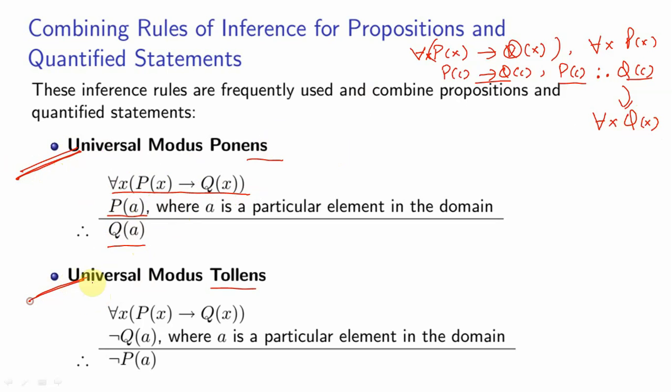Similarly, I can define universal modus tollens, which says if px implies qx is true for all values of x, and if q is false for a particular value a, then p is also false for that particular value a. So these are universal modus ponens and universal modus tollens.